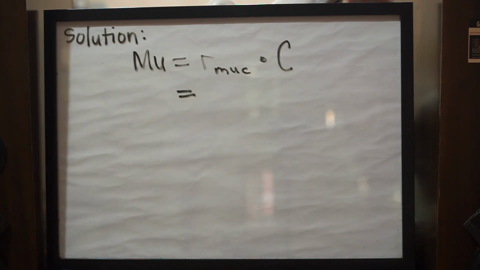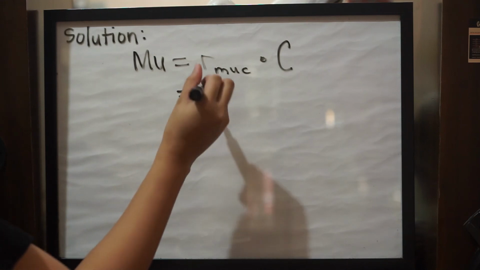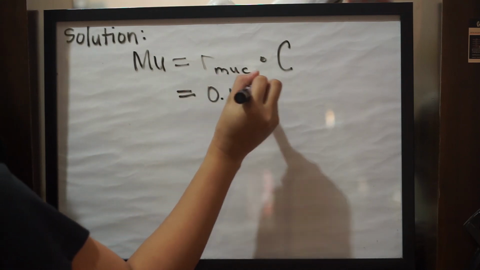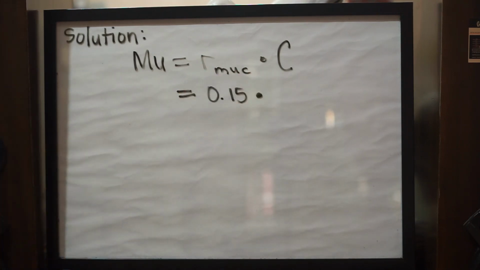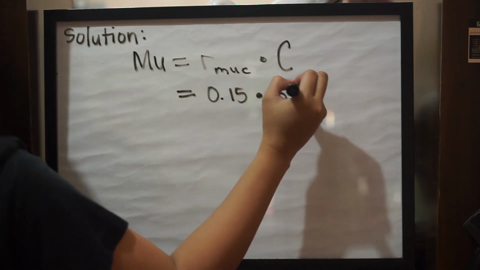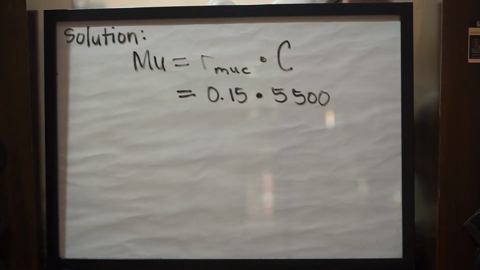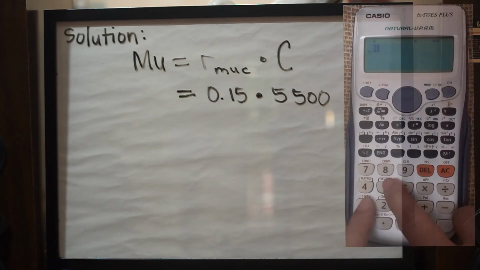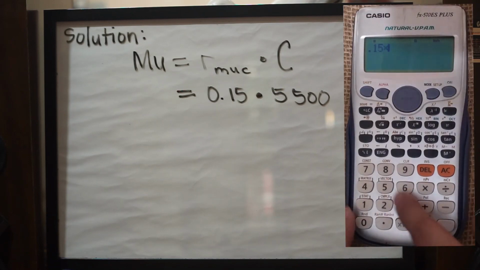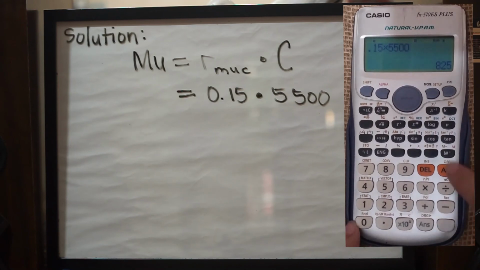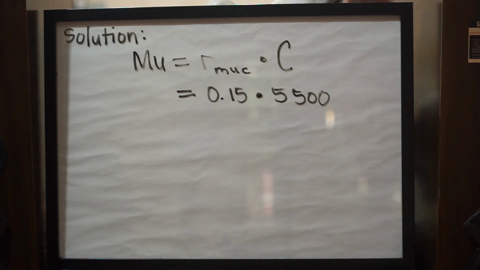Kanina ang given values natin is the rate of markup is 0.15 multiplied by the cost which is equivalent to 5,500. You can use a dot o kaya naman parentheses. So, doing that in our calculator, 0.15 multiplied by 5,500, the answer will be 825 pesos.